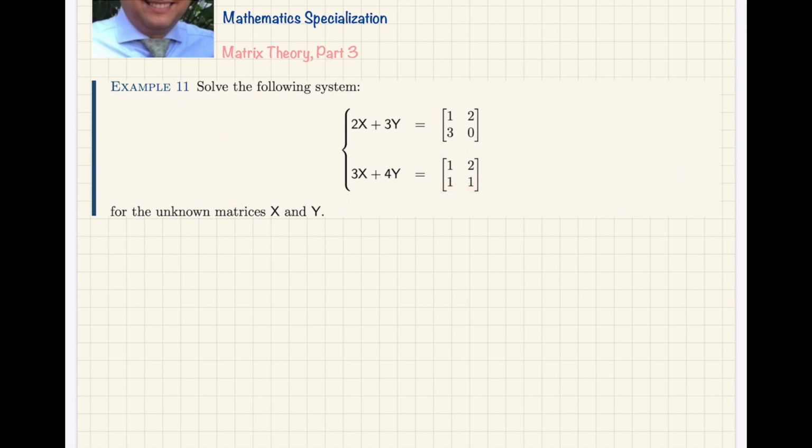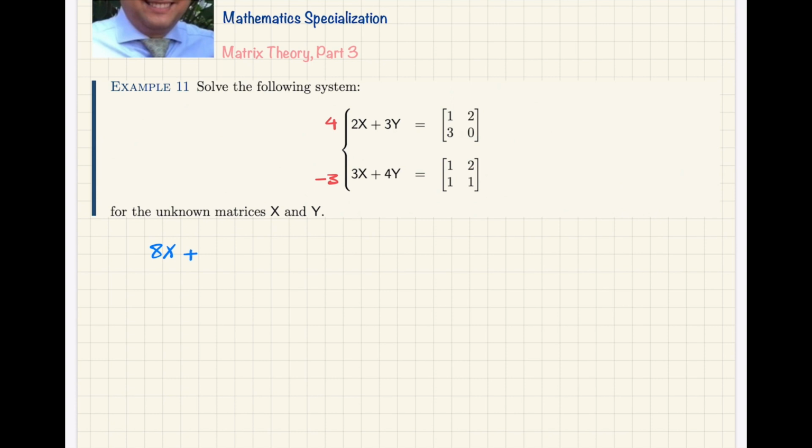So if you want to solve this system, what do you think is a good option? We need to use, for example, the addition method, yes? So I would say that I multiply, for example, the first one by 4, the second one by minus 3. So then what happens? It becomes 8x.